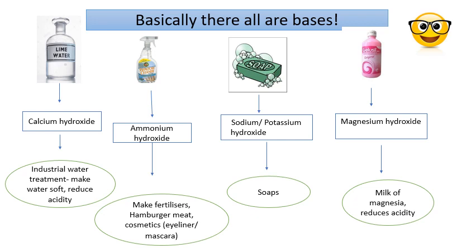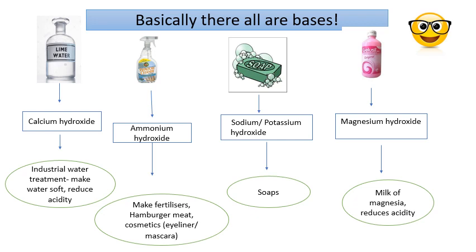Sometimes we have a bad stomach and a lot of indigestion, and then at times the doctor will ask you to take this pink color liquid. It's marketed as Gelusil, that's a name, but what it actually has is magnesium hydroxide, or milk of magnesia is what we call it. Now why is it there? Because it reduces acidity in your stomach.